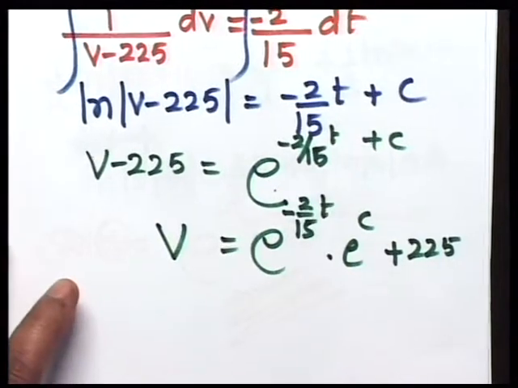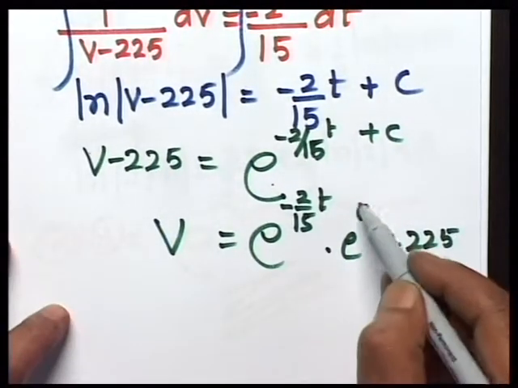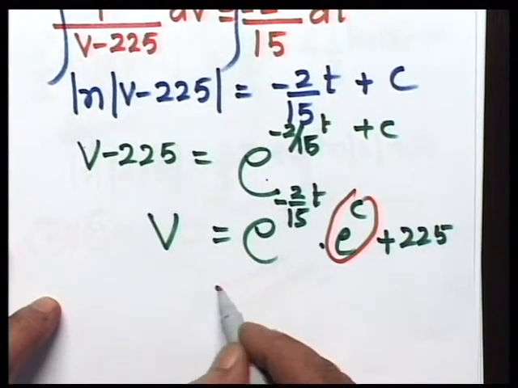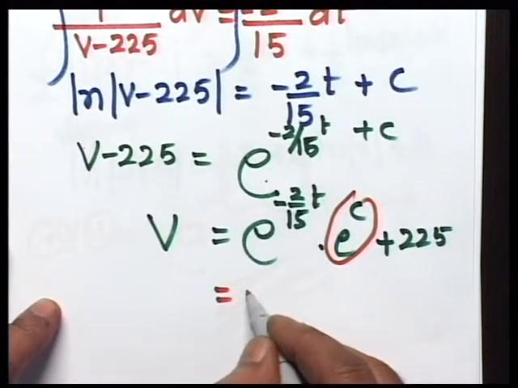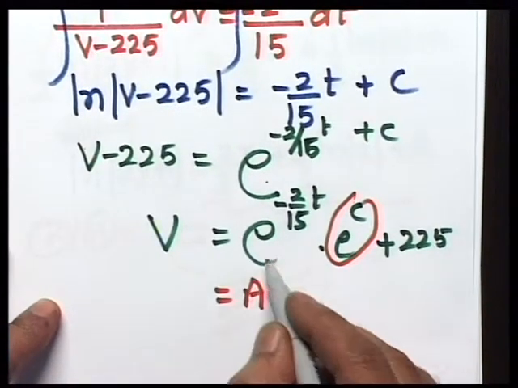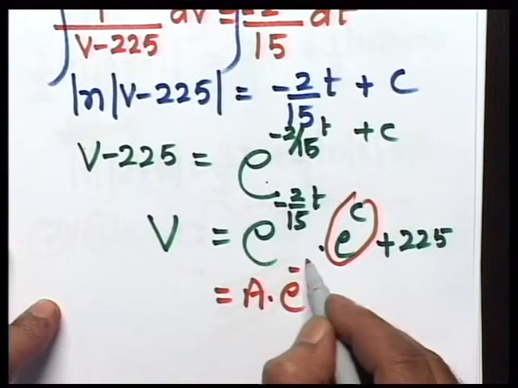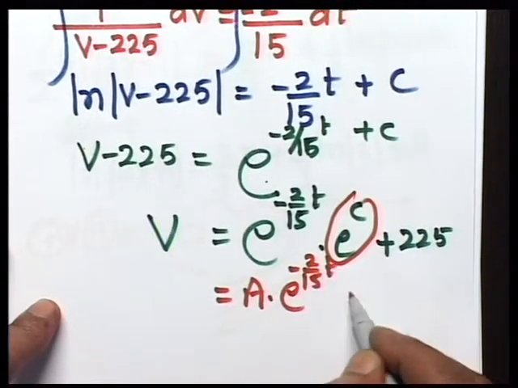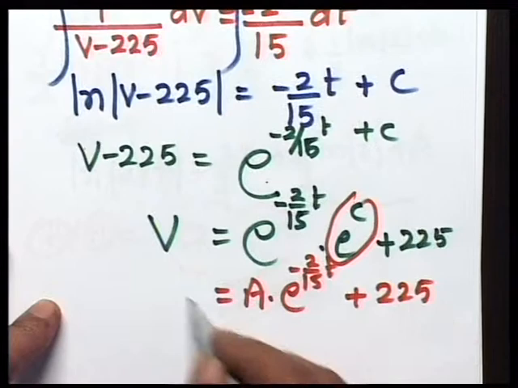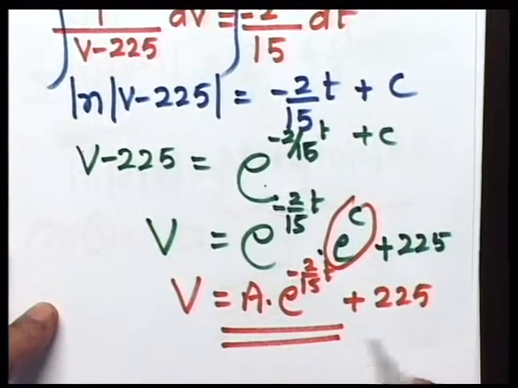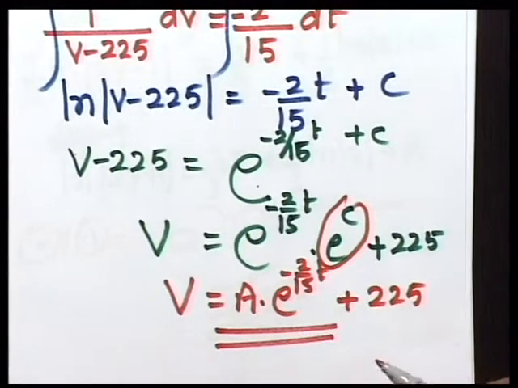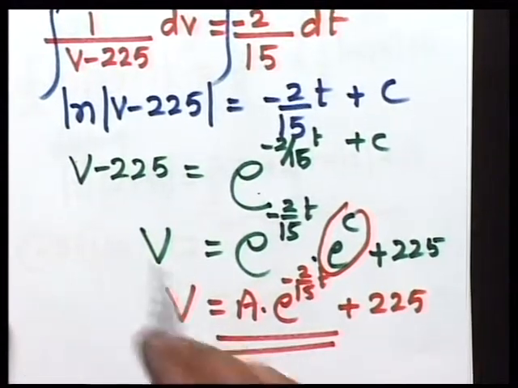That's what you call v. Just be careful, change that to a new letter, call it a maybe. So it's a times e to the power minus 2/15 t and plus 225 is the volume at a given particular time. Okay, that's the general solution.